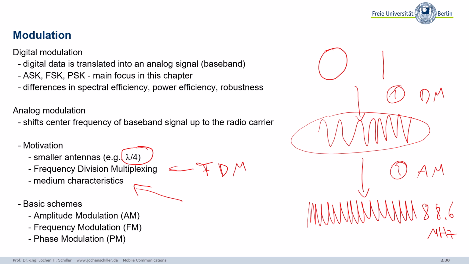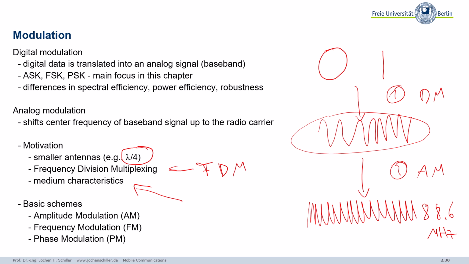So we cannot have a kilometer-long antenna, maybe for submarines, but not for your cellular phone. So there are several reasons for shifting the baseband, after this digital modulation, with the help of analog modulation to a so-called carrier frequency.